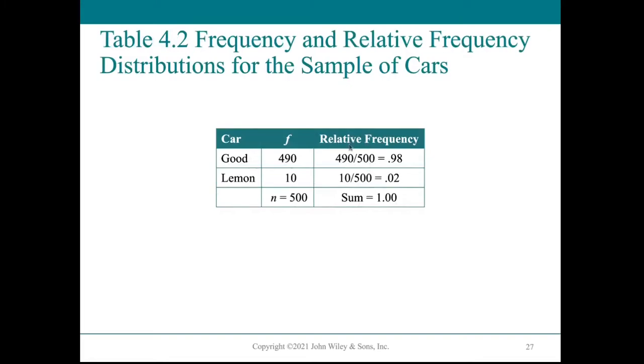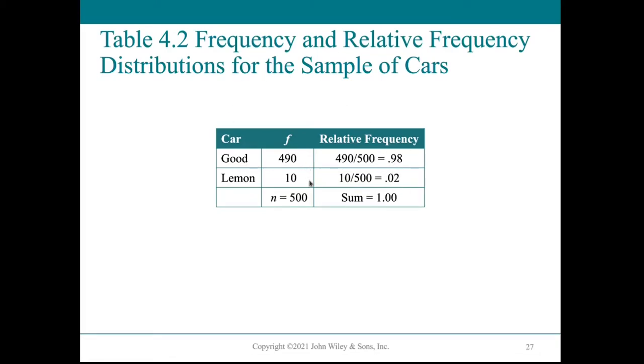And getting a good car, of course, since this is an application of the second property where the total is equal to 1. So if the probability of getting a bad car is 0.02, therefore the probability of getting a good car is 1 minus 0.02, which is 0.98.